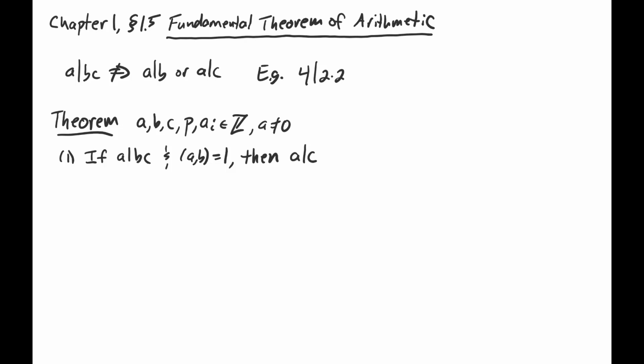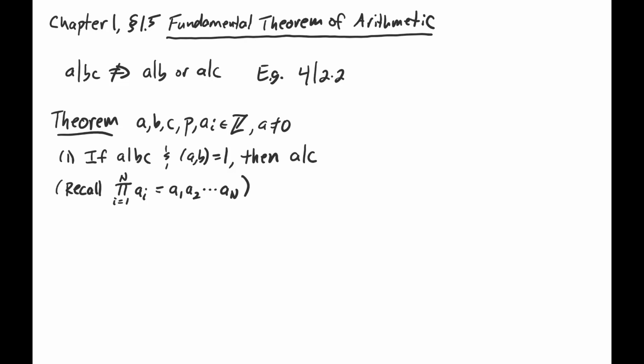Number 2 is a statement about primes, and it depends on this product notation. So recall this capital Greek pi, the product from 1 to n of a sub i, just means successively multiply all these a's together.